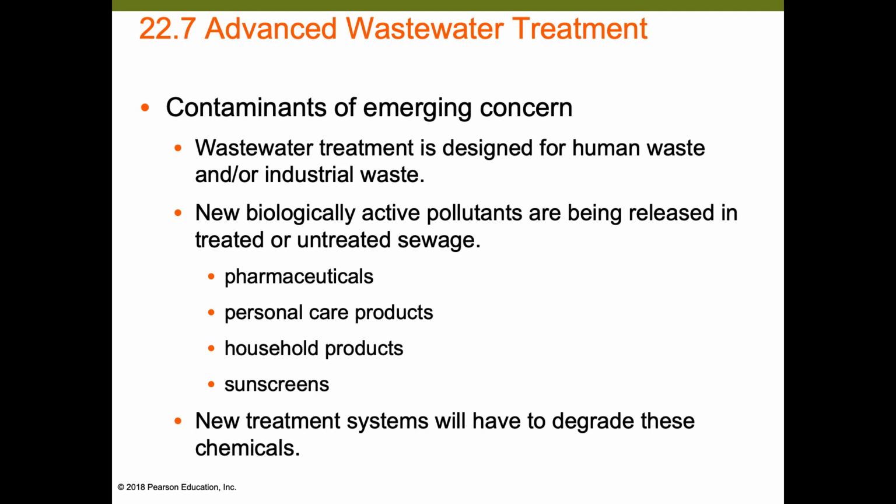So these wastewater treatment facilities are designed to handle either human waste as sewage or industrial waste. And depending on the types of industries that are in certain areas, these facilities will be designed to handle those particular types of waste.